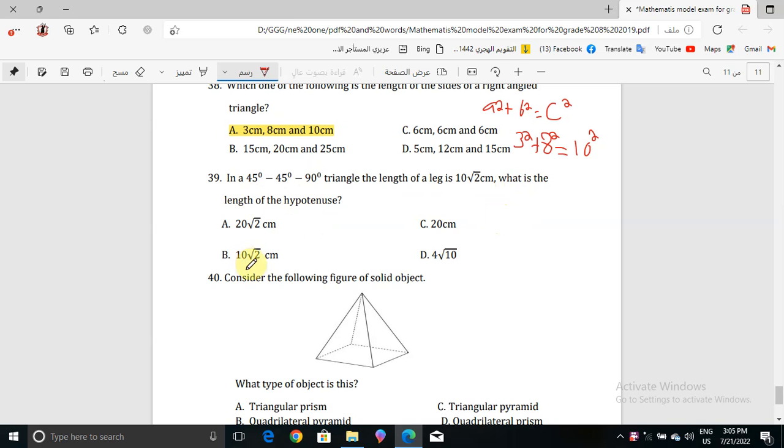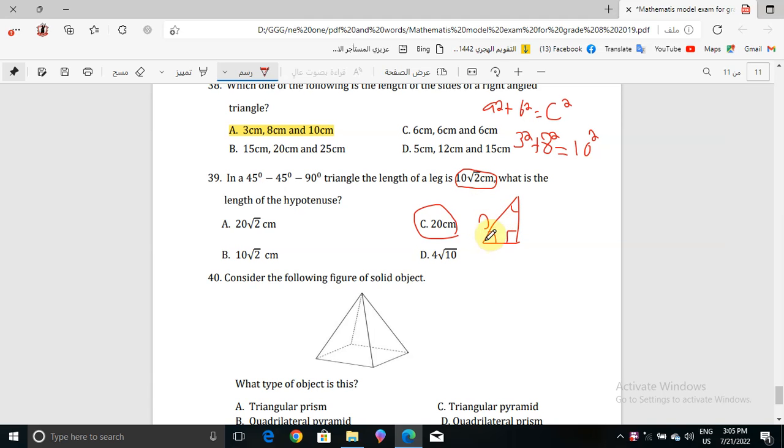Here we'll make the diagram. Here we have 90 degrees, and here 45 degrees, and here 45 degrees, and the leg is 10 radical 2 centimeters. So the correct answer is 20 centimeters.